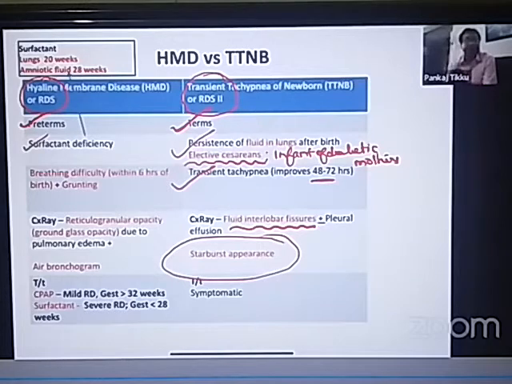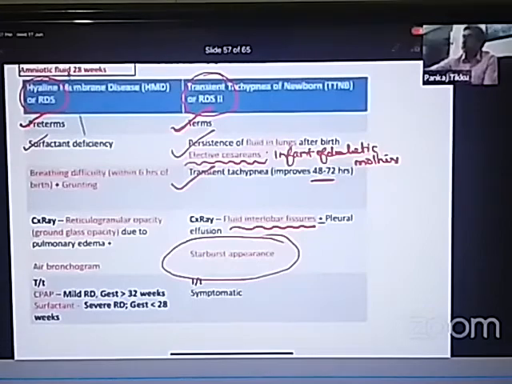Neonatology may appear to be a little hard, but once you have understood the concepts, these concepts will become very clear and you will remember them lifelong.